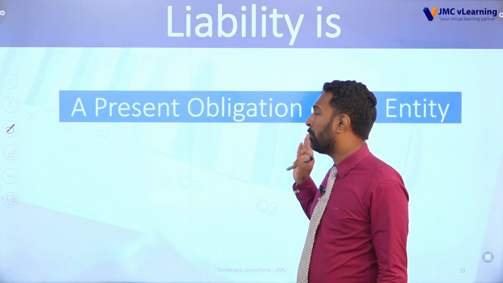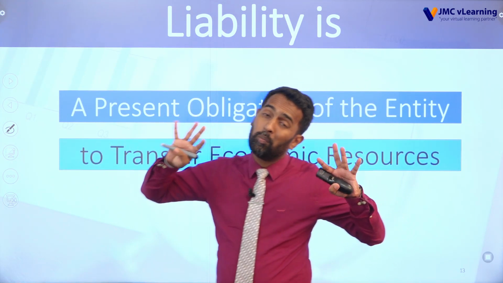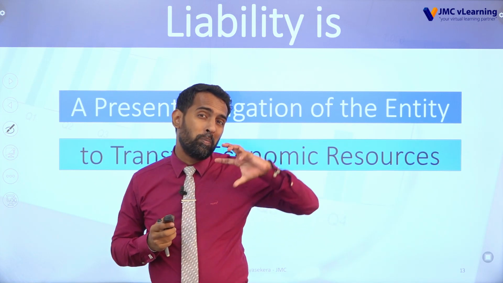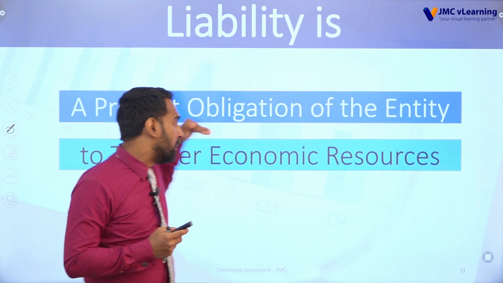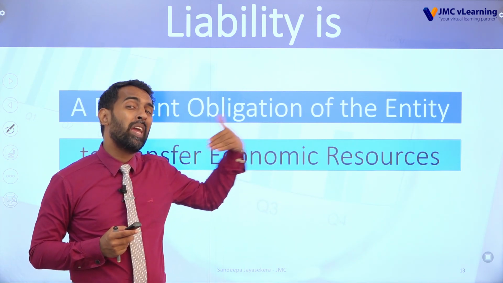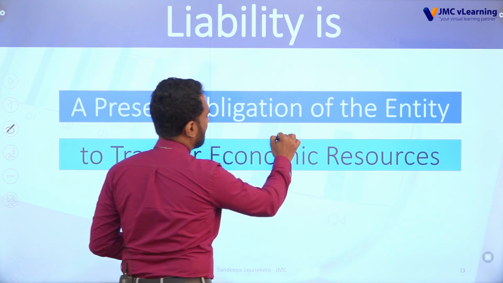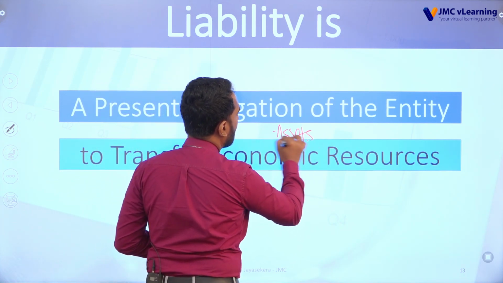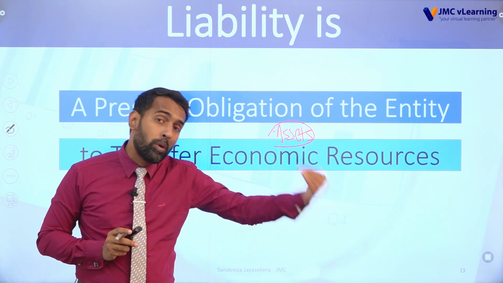So liability is a present obligation. And what is the obligation towards? Like I told you, obligation to pay, obligation to settle. The obligation is to transfer economic resources, obligation to pay in cash. Economic resources are the assets we just learned. When you are settling the bank loan, you are paying in cash.